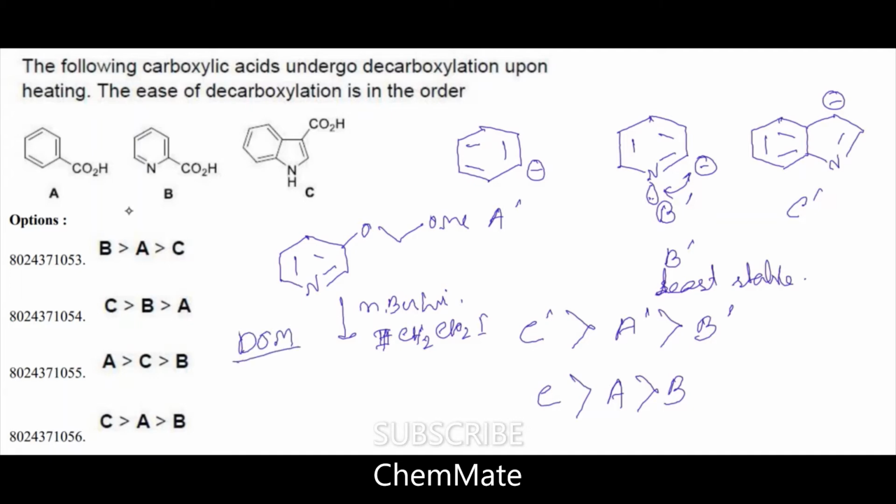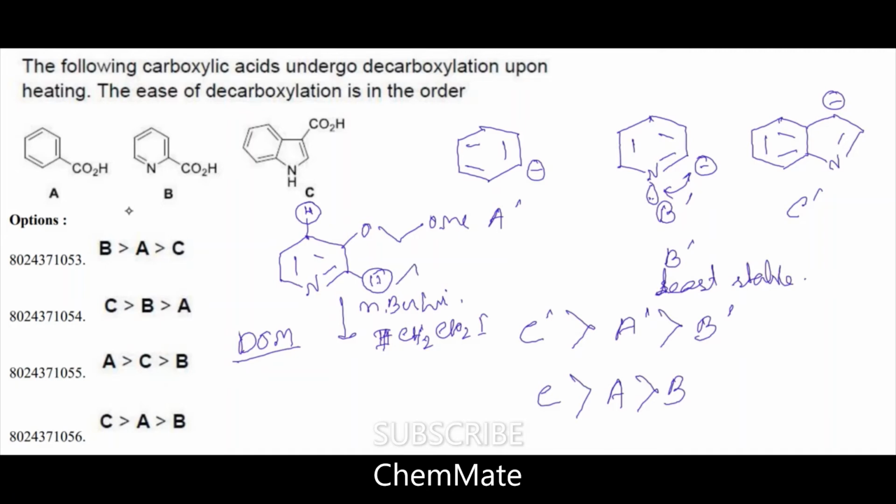That means the n-butyl group may take a proton from the ortho position of this group. That means either of the 2 protons may be taken, but it must take only this proton.